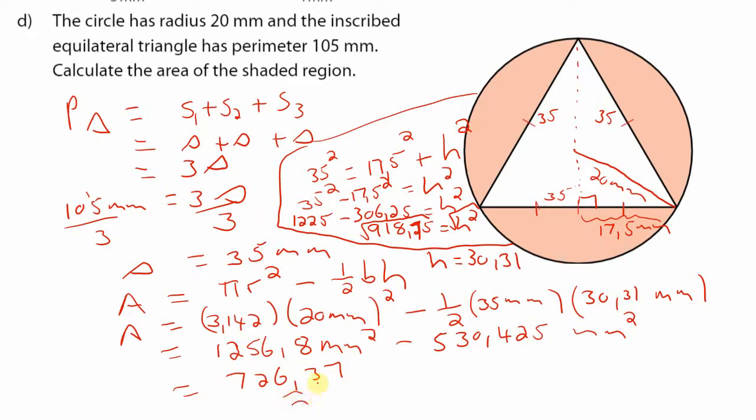If we look at the digit to the right of our 1 decimal, we have a 7, it's bigger than 5, so we have to add 1 to our decimal of interest, so it becomes a 4. 3 plus 1 is 4. So it's in fact 726,4 millimeter squared.